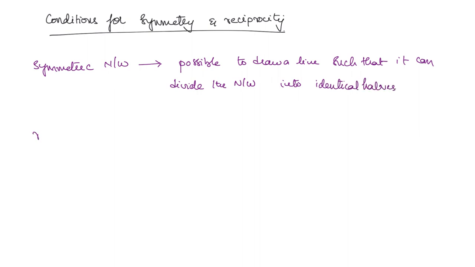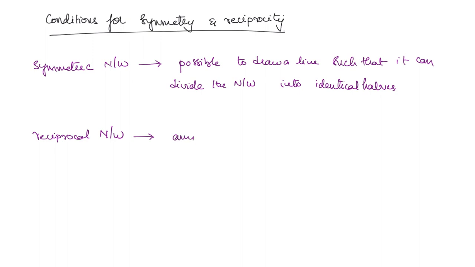Then what about a reciprocal network? We have discussed one theorem called the reciprocity theorem. Any circuit which satisfies the reciprocity condition is called a reciprocal network. Now what kind of network will satisfy the reciprocity theorem? Any network consisting of passive elements will be a reciprocal network.